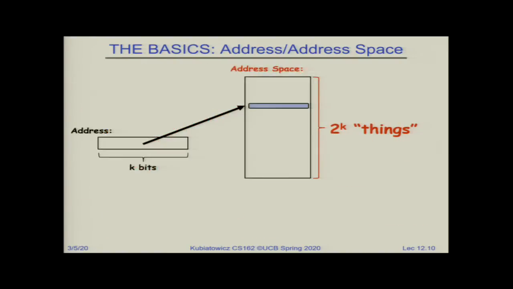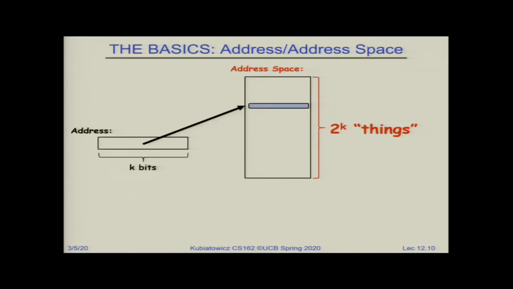Okay, let's start with something simple. You guys all took 61C. You remember bits and representations and two's complement and all that stuff, right? Let me remind you of a couple of things. What is an address? An address may be k bits long, so it's a set of 1s and 0s.